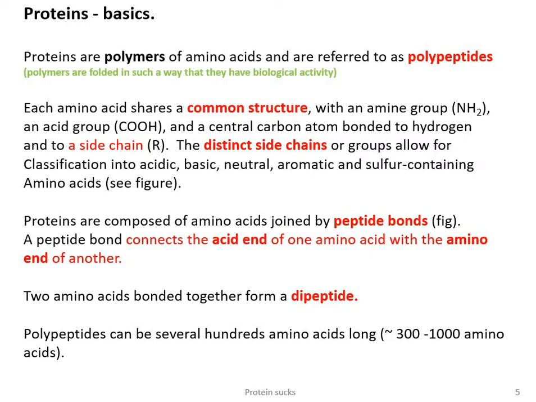So it is very important to understand the structure of proteins, how these polymers are formed, and why the folding is actually very important for the biological activity of a particular protein.